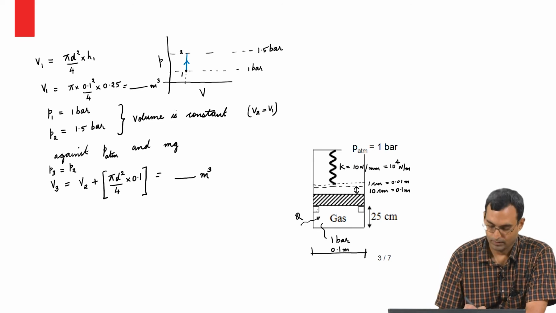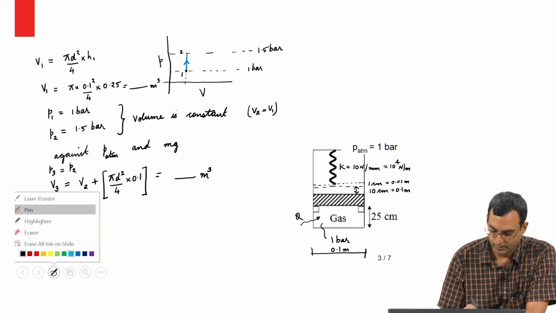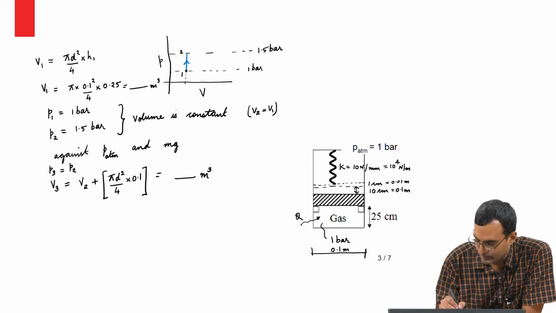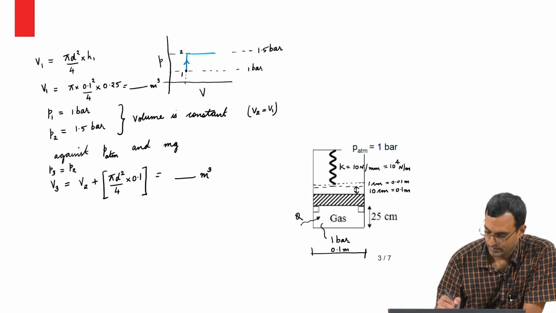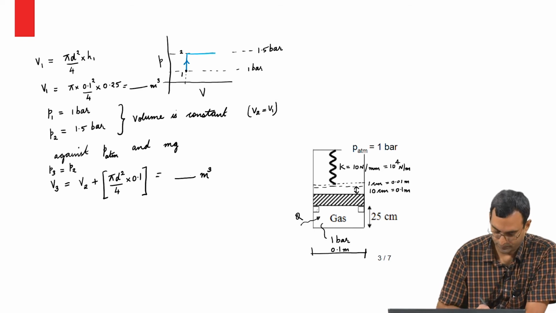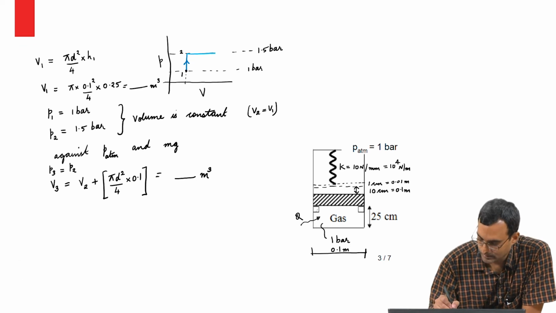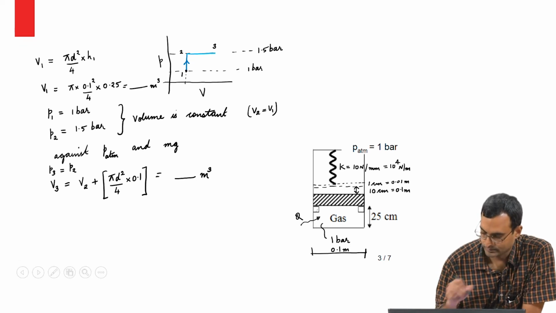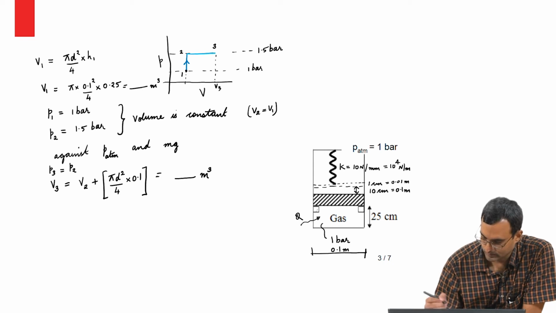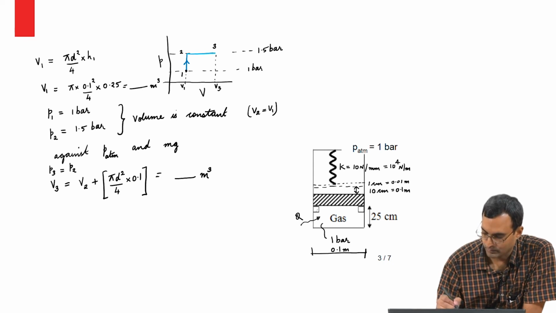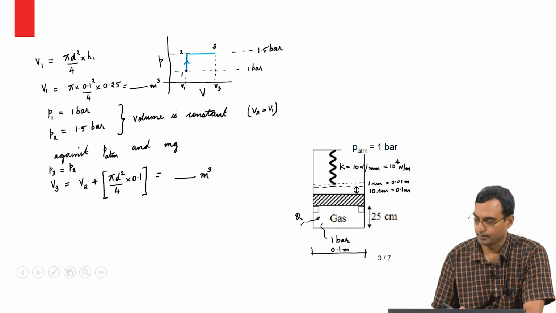So, this is now going to be a constant pressure process. So, we are going from this point at a constant pressure till we reach the volume of V3. So, that is our point 3. This is V1 or V2 and we reach the point 3.